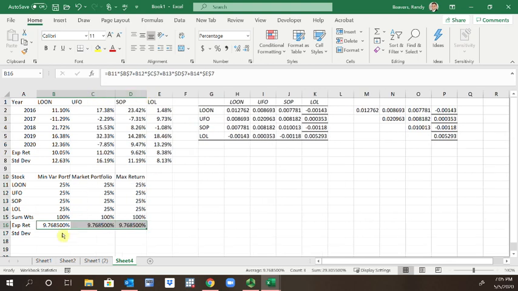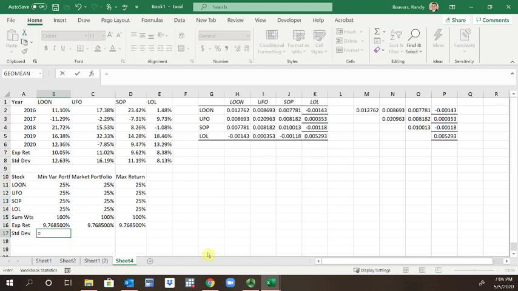Now for the portfolio standard deviation, this is going to be a little bit of a complicated formula. Let's try this and see if we can get it to work.